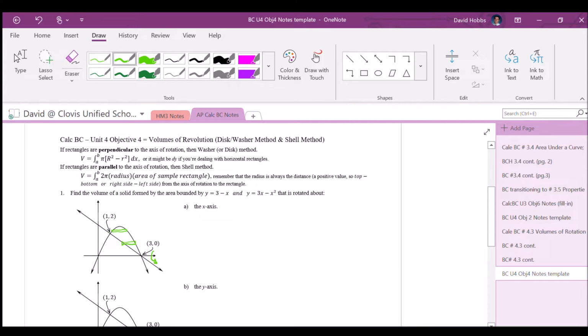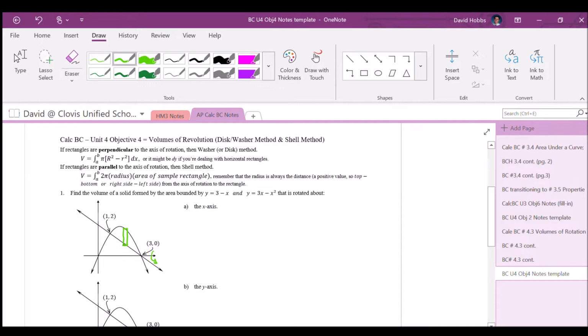So we really would not want to have horizontal rectangles for this region. So because of that, we do want to have vertical rectangles. And so really this one in particular is a review of the washer method here.